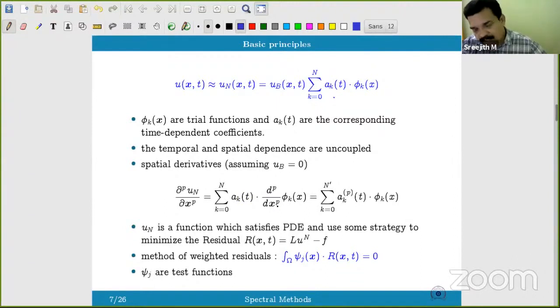So you have to find only the derivative of the trial function in this case, because the other term is independent of space. So you'll get the sum of a_k^p(t). That means the derivative can also be expressed as a sum of these trial functions, where the coefficient term changes to a_k^p(t). So you have to find the corresponding coefficient terms of the derivative.